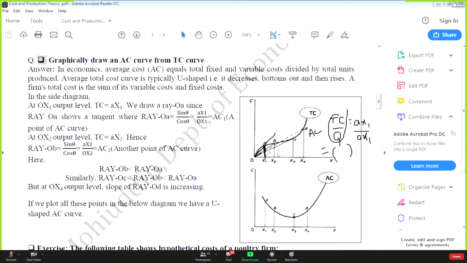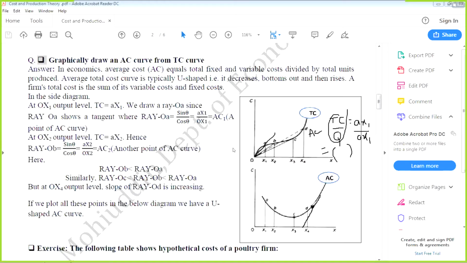Look, this is the total cost point, and this ray is tangent here. We need that tangency point. For that reason, we draw a ray here. Clear or not? The name of the ray is O small a.